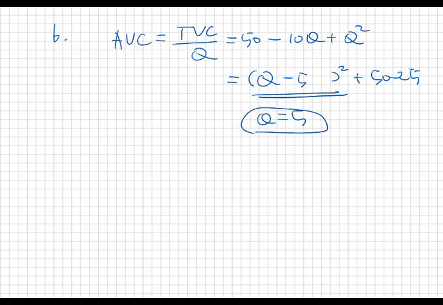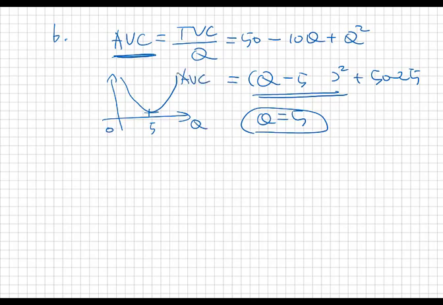Of course, for questions A and B, there are other ways to answer. When you are familiar with basic calculus, average variable cost, as you see here, looks like a convex U-shape quadratic function where the minimum happens when Q equals 5.